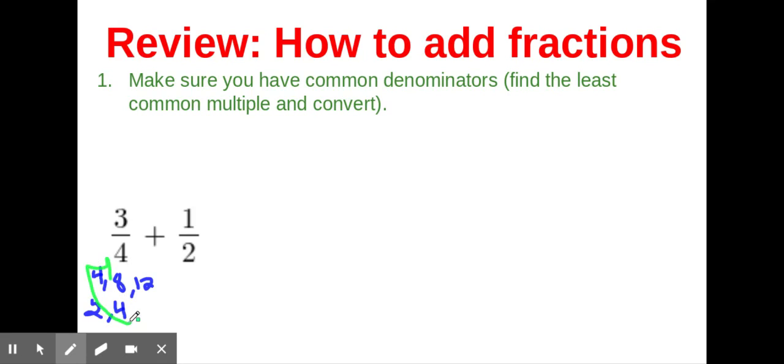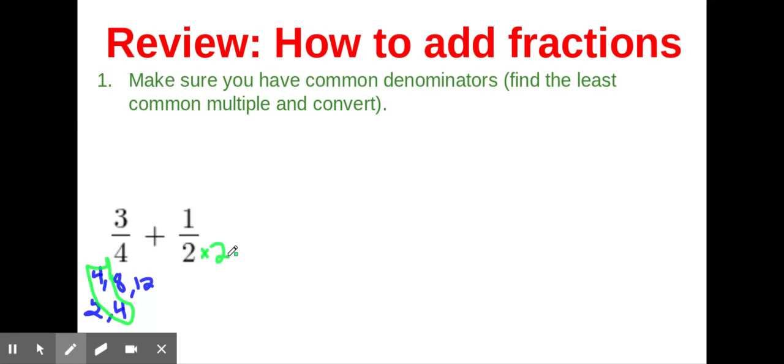So the trick now is that I need to make it so that both of my fractions have the denominator of 4. Well, I'm really lucky in this one because this one already has a denominator of 4. So for this one, I need to figure out how to change it to 4. I know that 2 times 2 equals 4, so I'm going to multiply that 2 by 2 so that I can have a 4 on bottom.